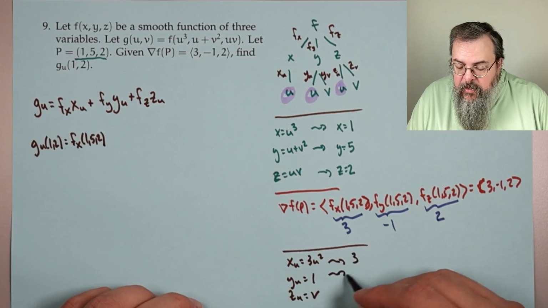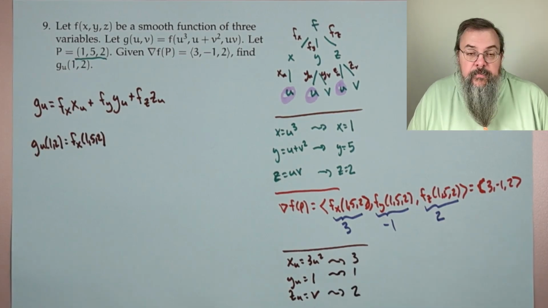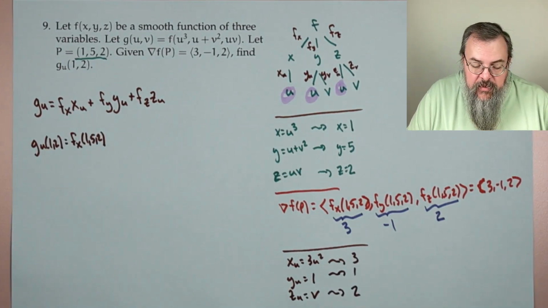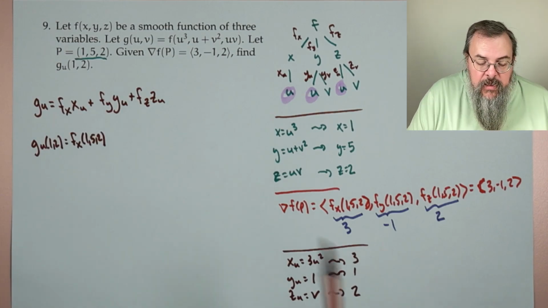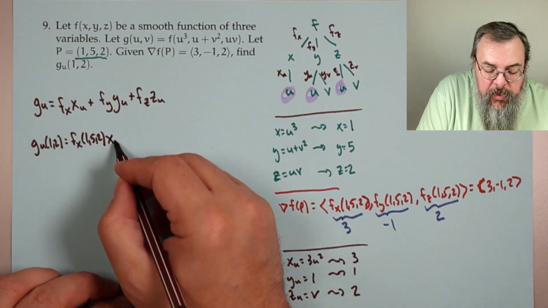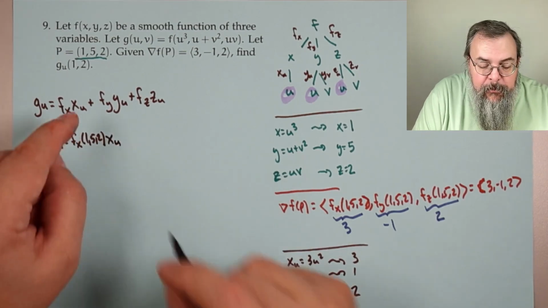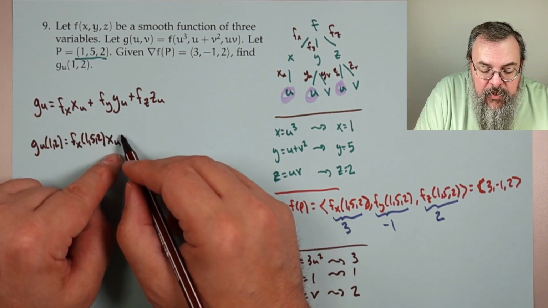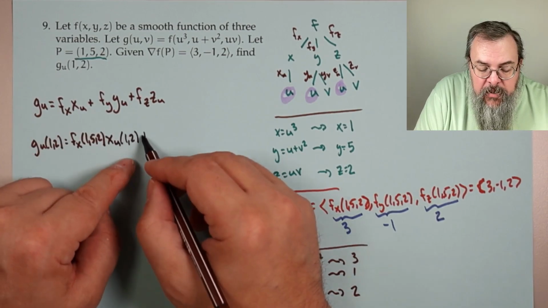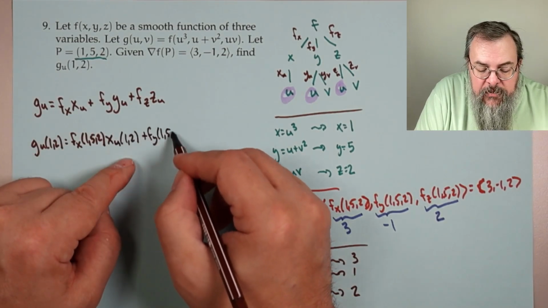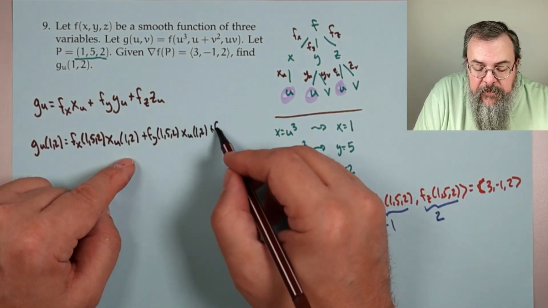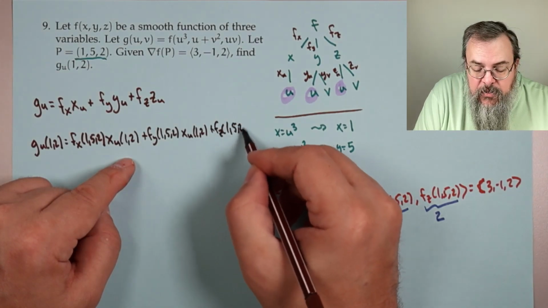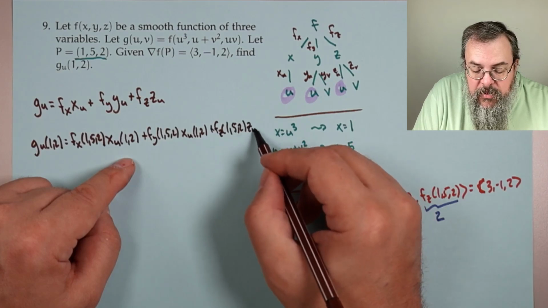So we're going to have f sub x at 1, 5, 2 times x sub u at 1, 2, plus f sub y at 1, 5, 2 times y sub u at 1, 2, plus f sub z at 1, 5, 2 times z sub u at 1, 2.